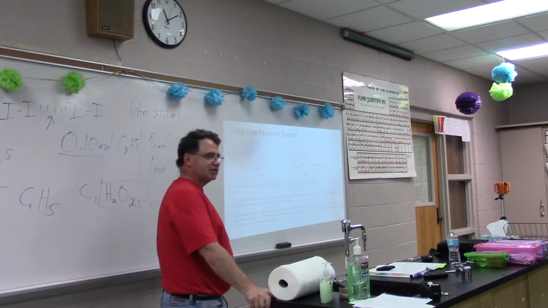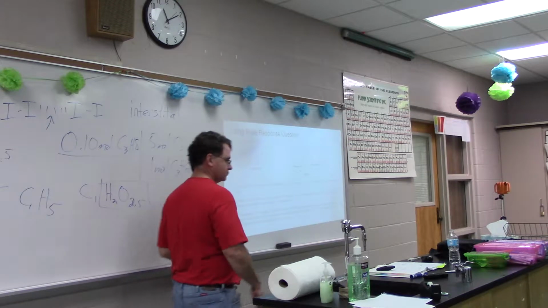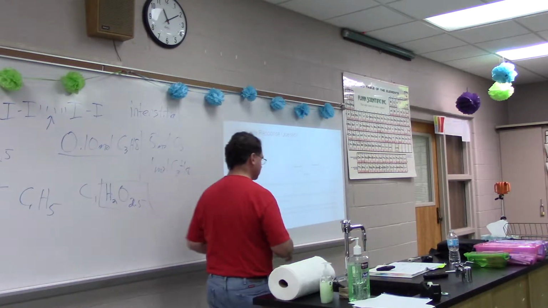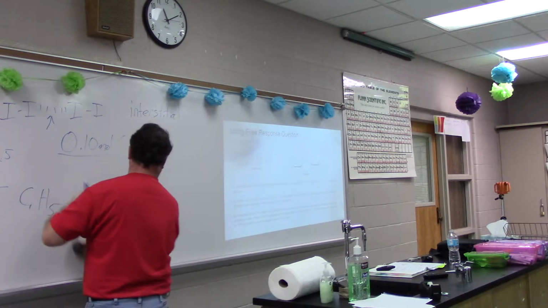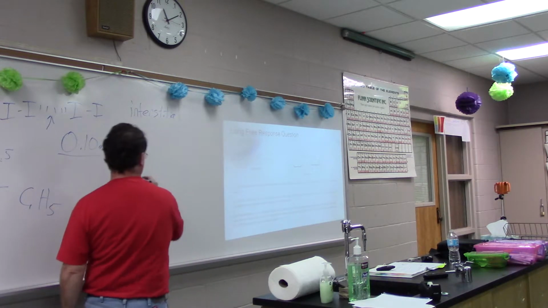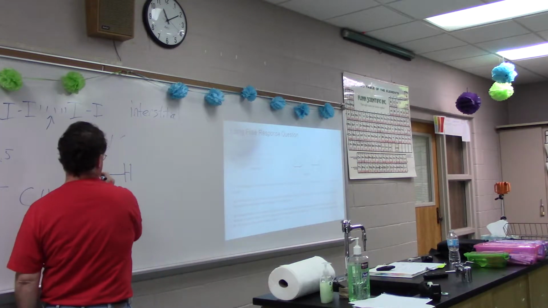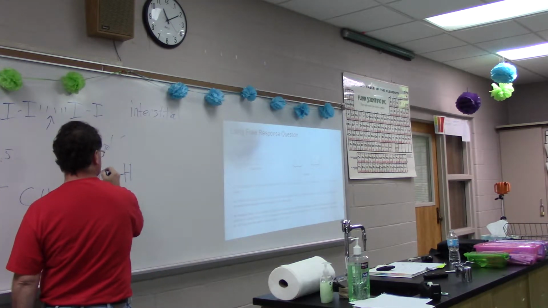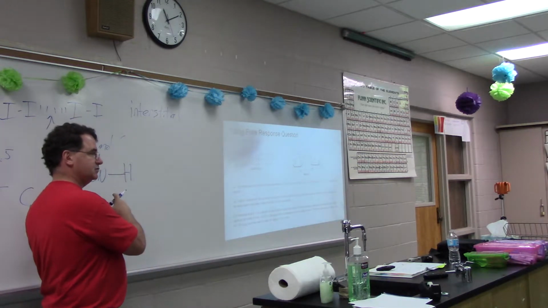Y'all remember what it takes to make a hydrogen bond? I'm gonna guess no, just based on the giggles. So, what does it take to make a hydrogen bond, just for your intermolecular forces? You gotta have a hydrogen on one molecule connected to something pretty electronegative, either fluorine, oxygen, or nitrogen. Has to be one of those three.